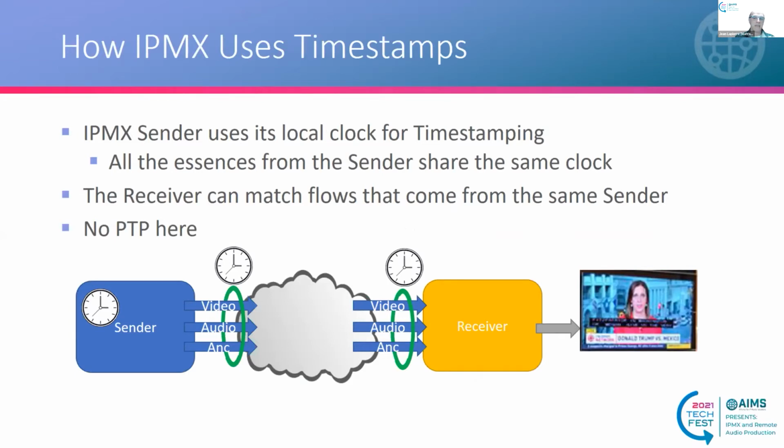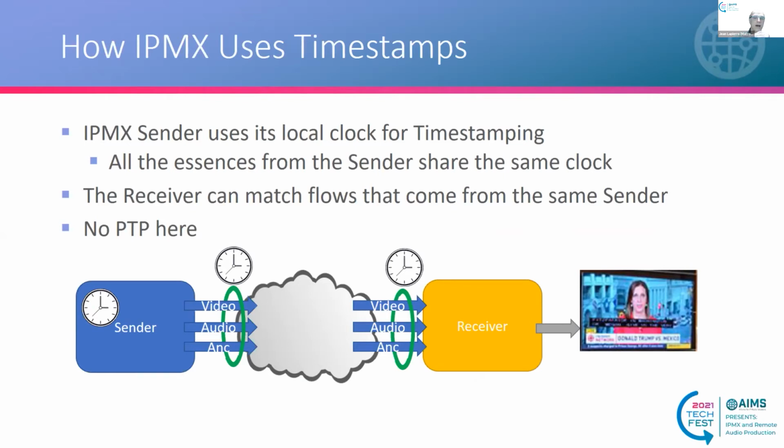Here we have an example of one sender sending flows to one receiver. The IPMX sender uses its local clock for timestamping, and all the essences from that sender share the same clock.